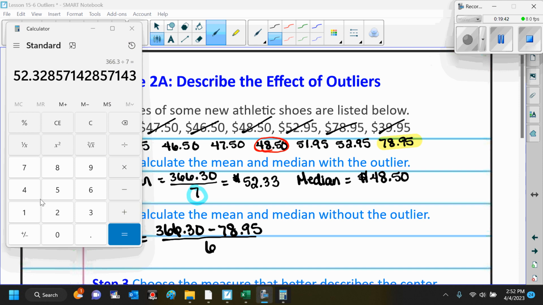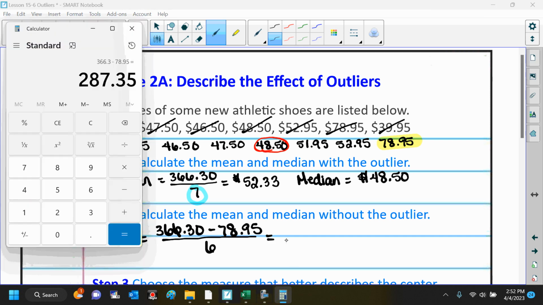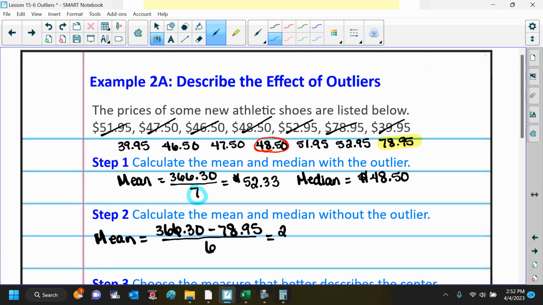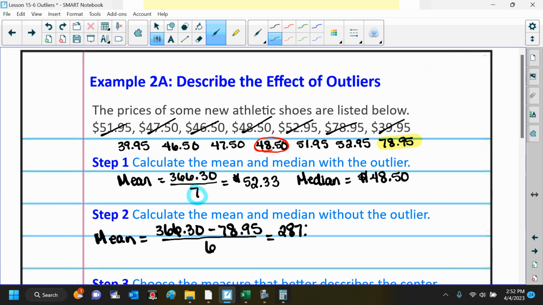So let's find the mean here. All right, so we're going to take $366.30. We're going to subtract out the outlier. So that's $78.95. And that's going to give us $287.35. So this is $287.35.